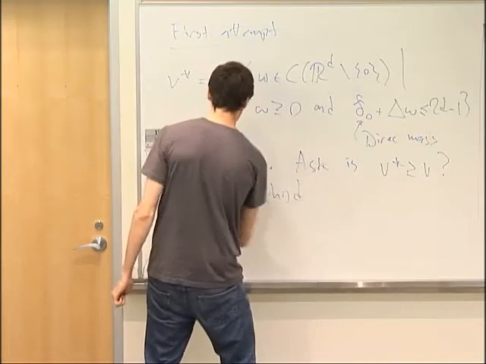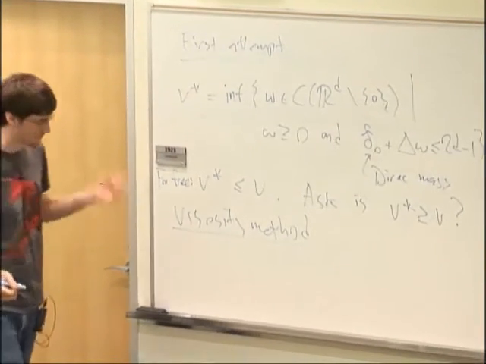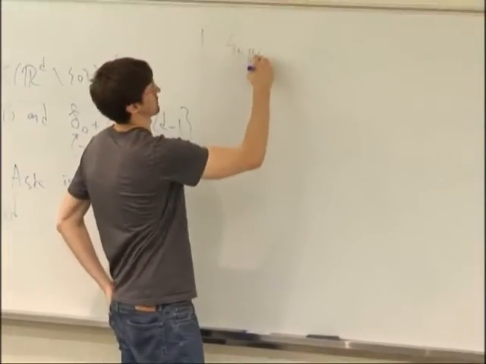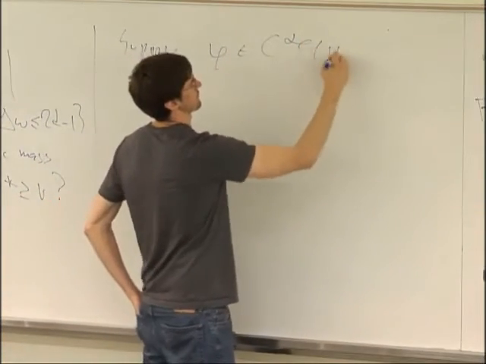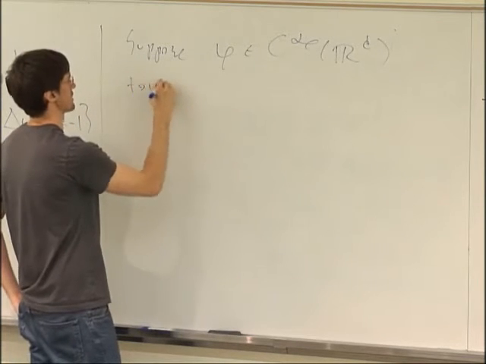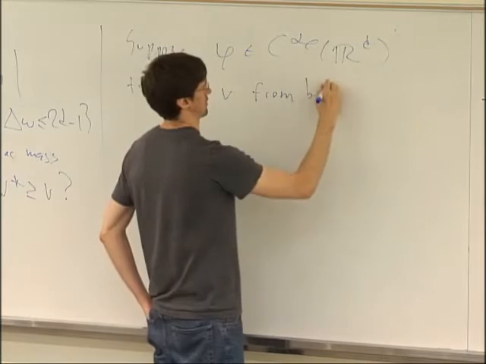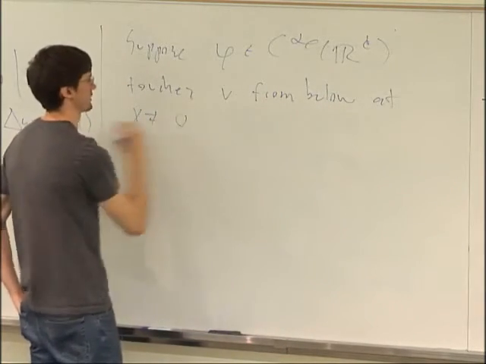What do we do? It's a pretty naive thing to do. So the idea is, let's suppose I take a smooth test function, some smooth function on R^d, and suppose this smooth function touches the limiting v at some point x that's not the origin.